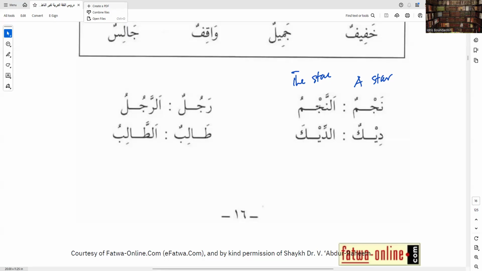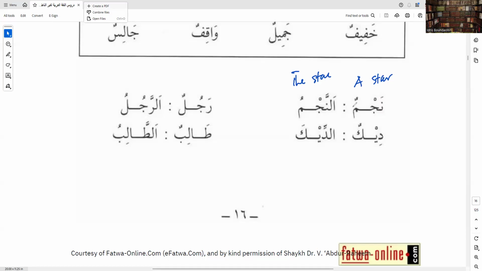That is the main reason for the categorization of the Arabic alphabets into the moon and the sun letters. It doesn't change the meaning of the noun at all.